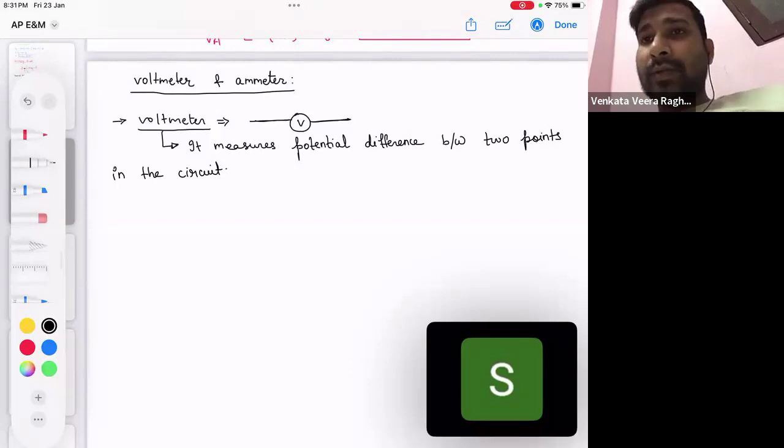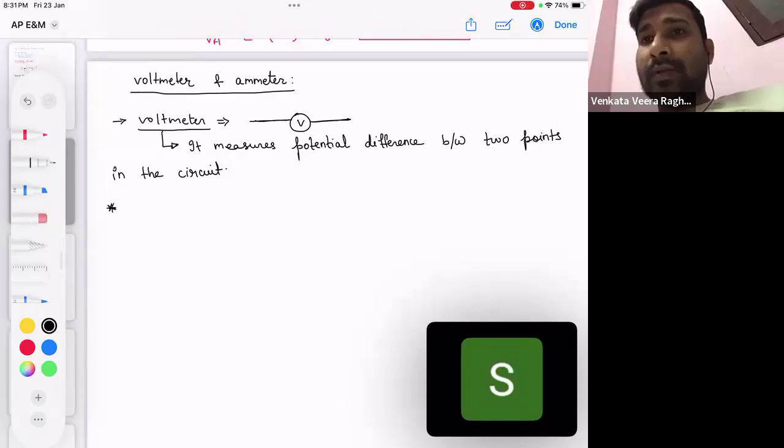Let's say I want to measure the potential difference across a resistor. I will connect the voltmeter in parallel to that resistor. Then whatever the reading of that voltmeter is, we will say it is the potential difference across the resistor.